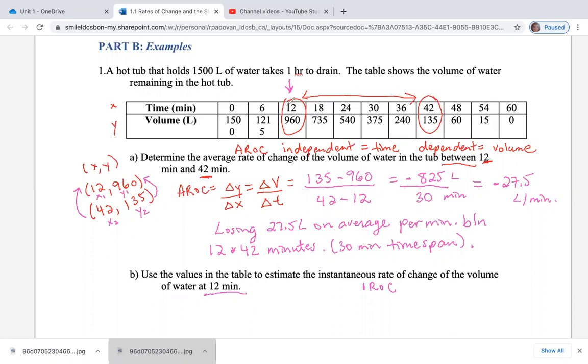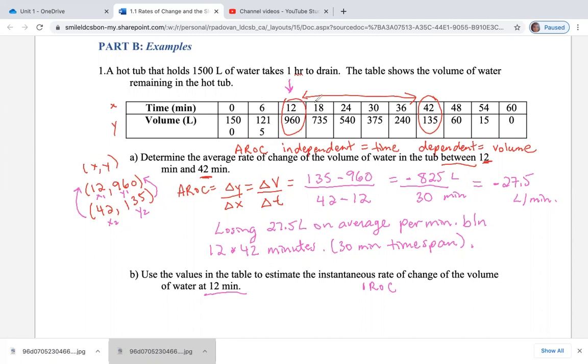Or if it's preceding that, at 11.99999 minutes, what is the value? But I don't have those values in the table. I have values that, in terms of decimals, are somewhat far away, right? I have 6 minutes after at 18 minutes, and I have 6 minutes before at 6 minutes.